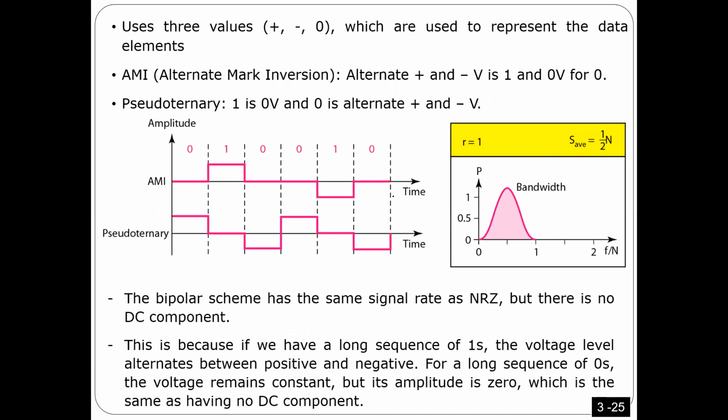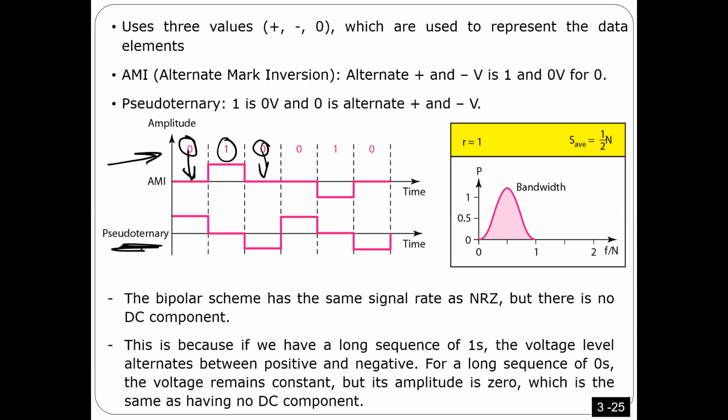We have another version. It's exactly the same thing, but we call it pseudo ternary. The only difference is that here, every time you have 0, I'm going to make 0 volt, and the 1 is going to make inversions.